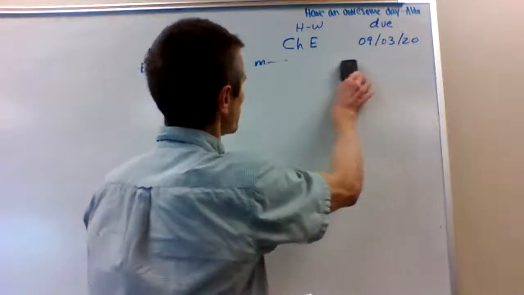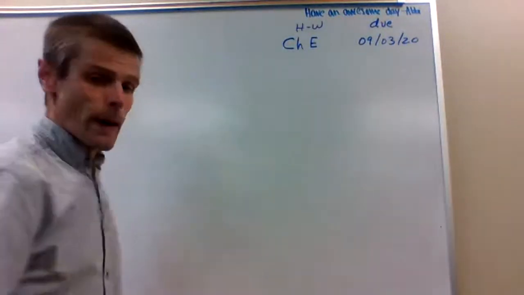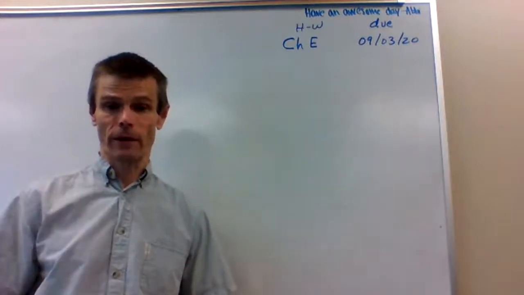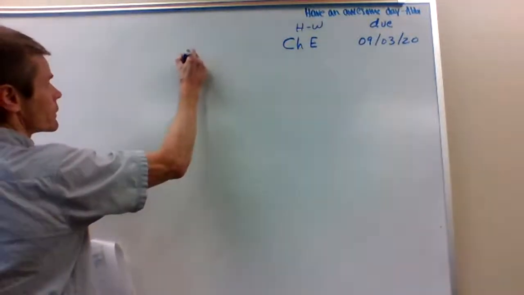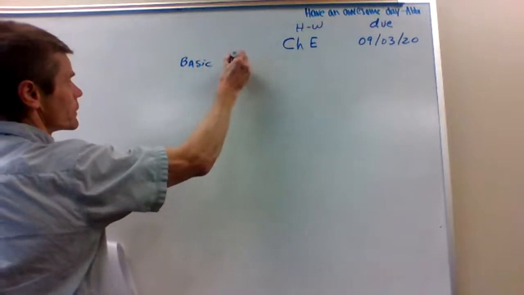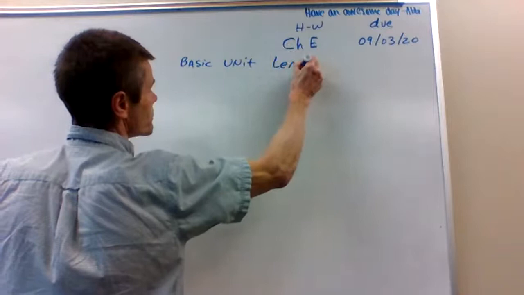As I said, metric prefixes are used to represent decimal placements based upon factors of 10 from a basic unit. Let's look at a basic unit of length. The basic unit of length is the meter.